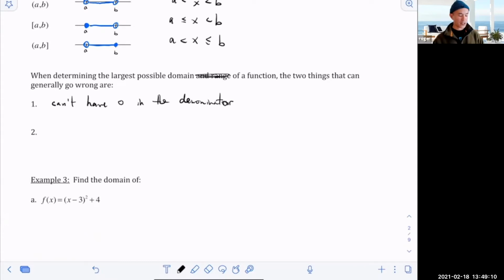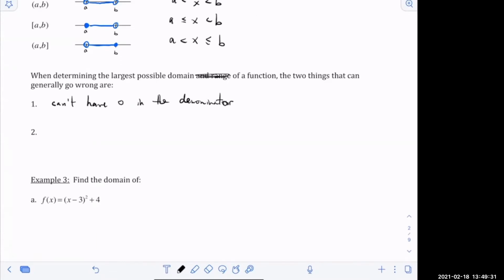There's another one that involves radicals. Does anyone remember what the thing that can go wrong involving radicals is? Asymptotes? Asymptotes actually correspond to the zero in the denominator.